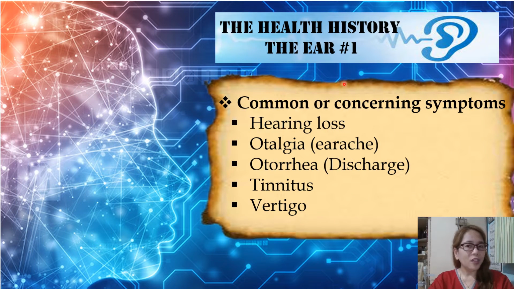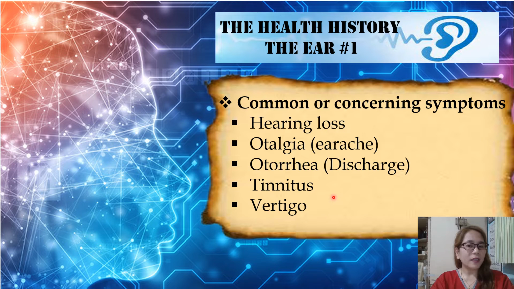Moving on to the health history of the ear. As a nurse, you have to take note of the common or concerning symptoms such as hearing loss, otalgia or ear ache, otorrhea or discharge, tinnitus, and vertigo.